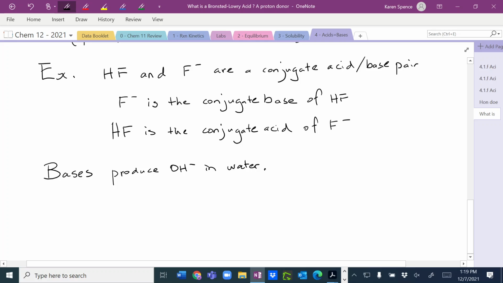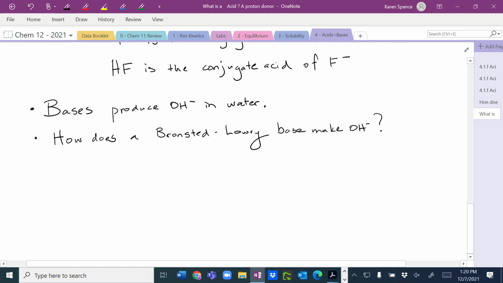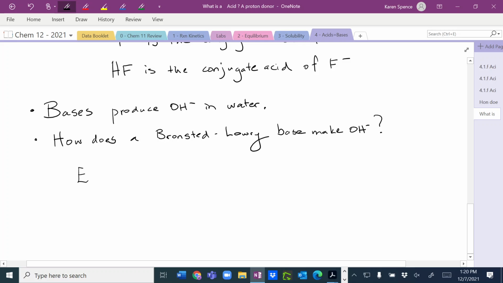How does a Bronsted Lowry base produce OH minus?